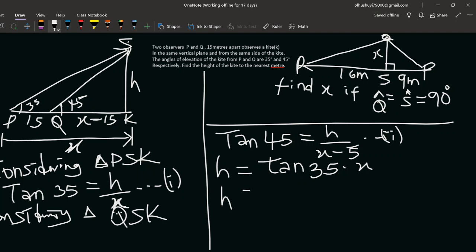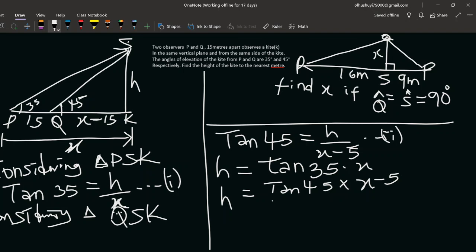And at the same time, from equation 2, h can also be equal to tan 45 times x minus 15. That means h is equal to this, h is equal to this. That means tan 35 times x can be equal to tan 45 times x minus 15.